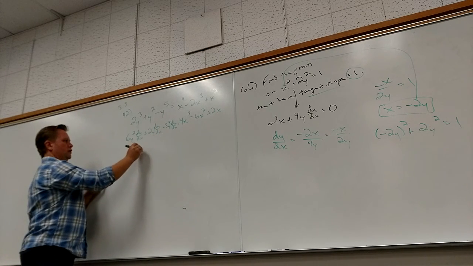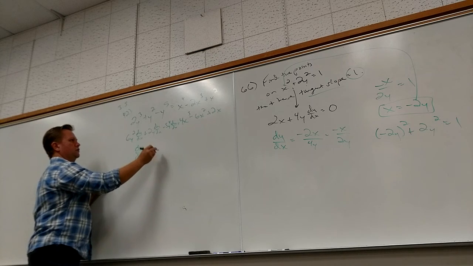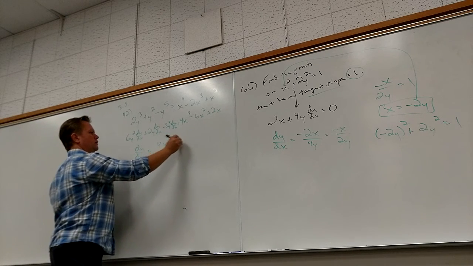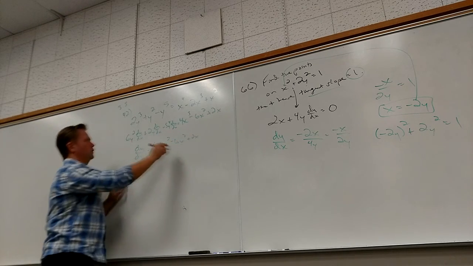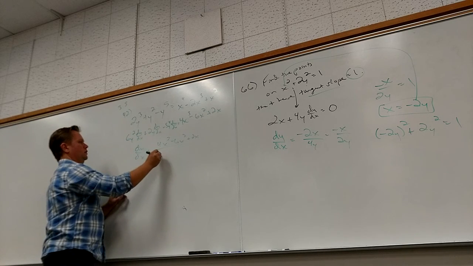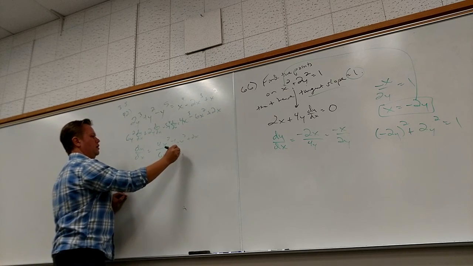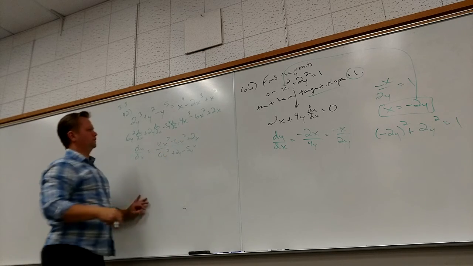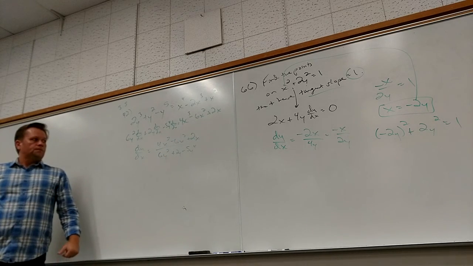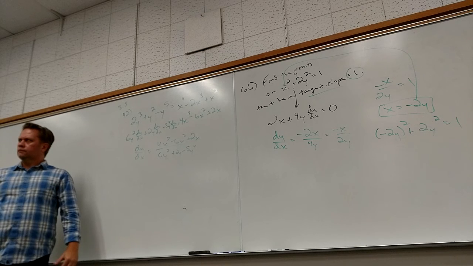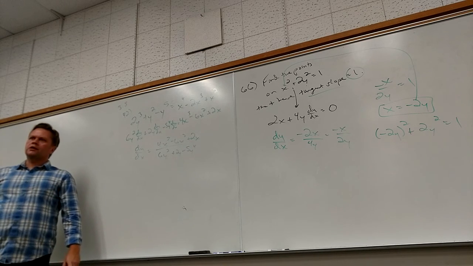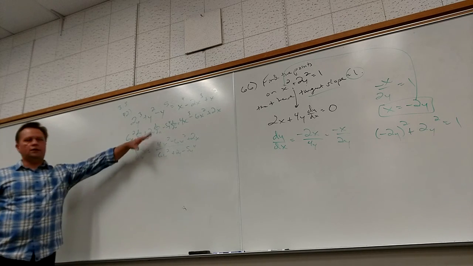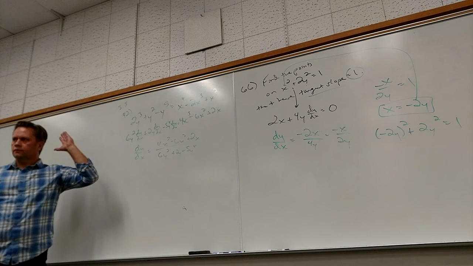So you get, well, let's see if you guys are cool with it. dy dx equals 4x cubed minus 6x squared plus 2x over the coefficients, 6y squared plus 2y minus 5y to the 4th. Become a 2x. There you go. So this will have horizontal tangent lines when this equals 0.